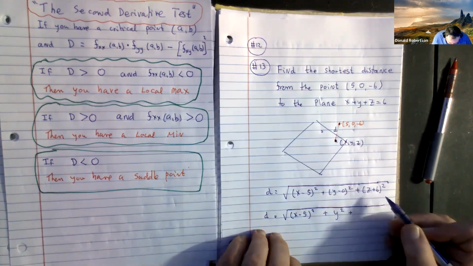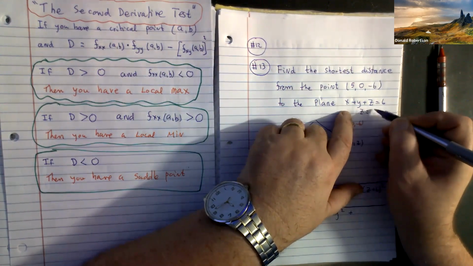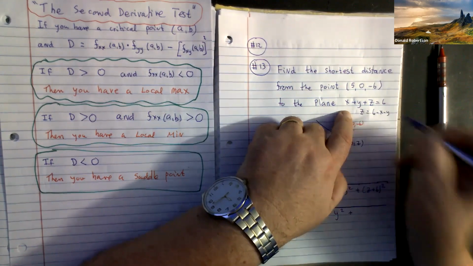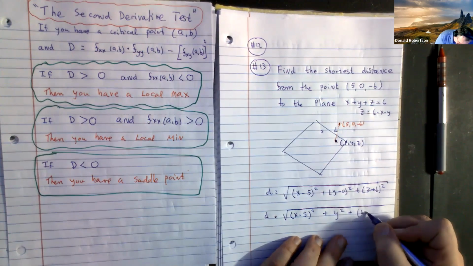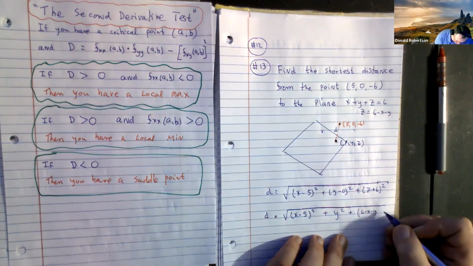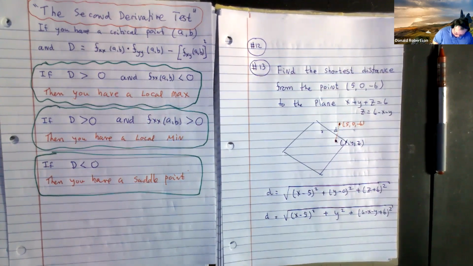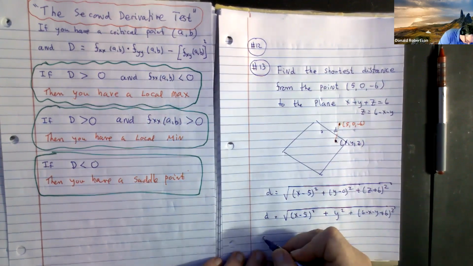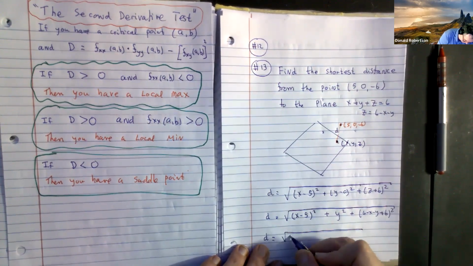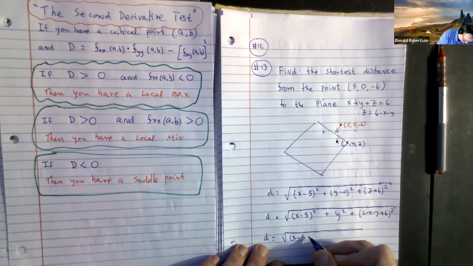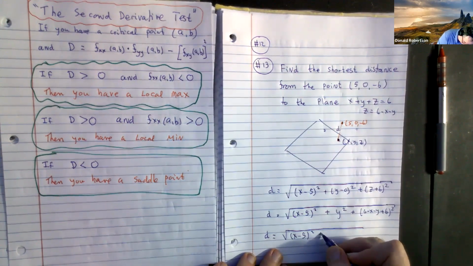And instead of z plus 6, I'm going to take this equation and rearrange z to be that way. So what we get is 6 take away x, take away y, add 6 squared. So the function that we are going to deal with is we are trying to find the smallest value of this ugly square root.